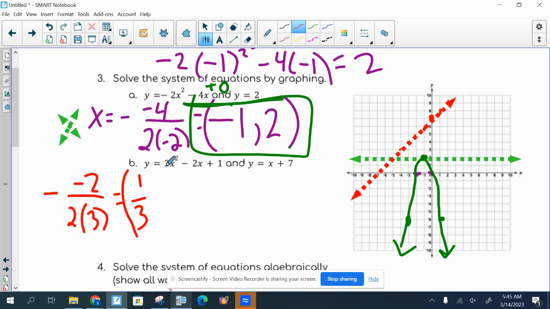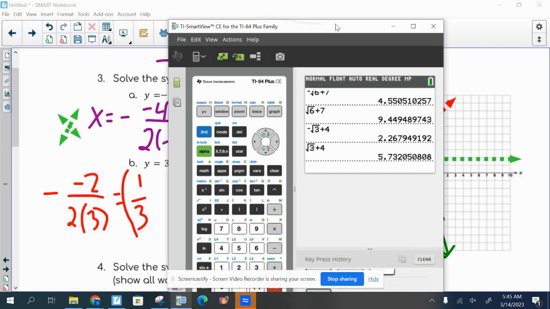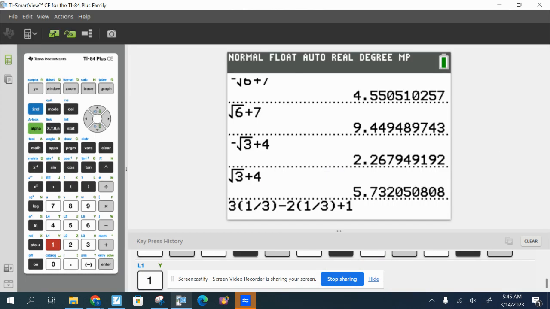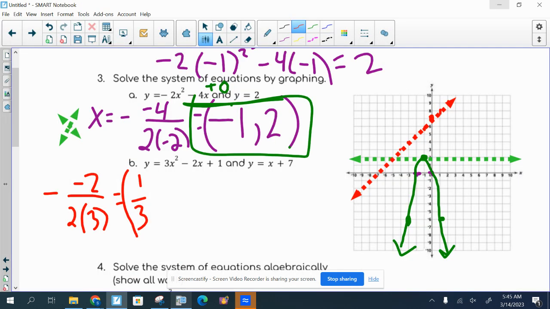And then let's plug 1/3 back into x. I'm going to use my calculator for this. So 3 times 1/3 minus 2 times 1/3 plus 1 equals 1.33. So 1 and 1/3.